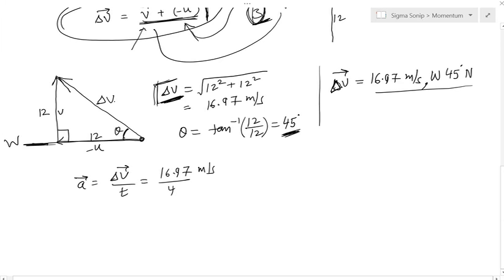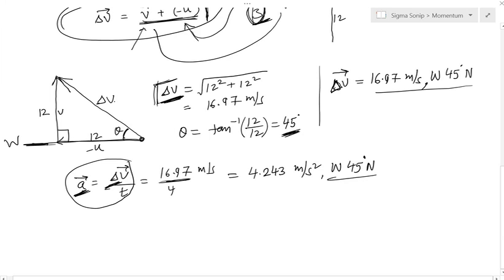Because to find the acceleration you are dividing the vector delta v by 4, a scalar quantity, the direction of a will be the same. So this gives you 4.243 meter per second squared. In this equation, a is a vector, delta v is a vector and t is a scalar, so a will have the same direction as delta v. So we need to write the direction here as well, west 45 degrees north.